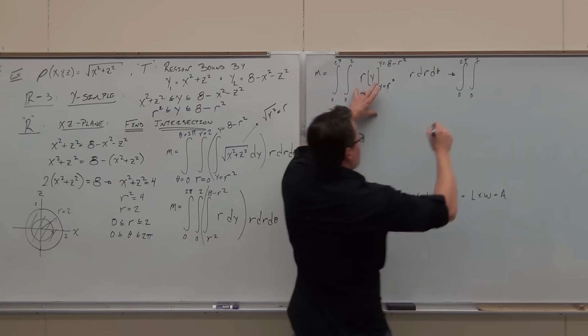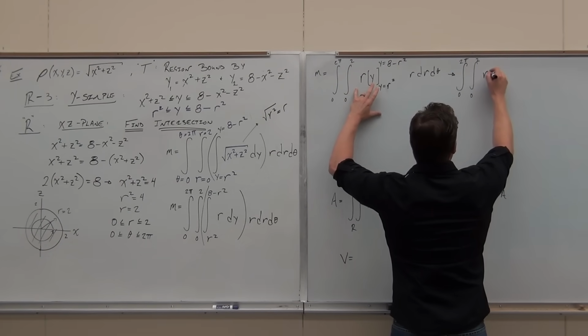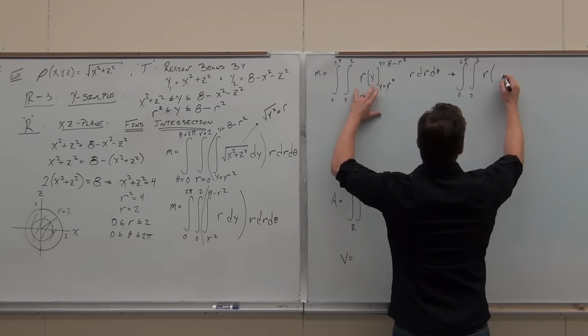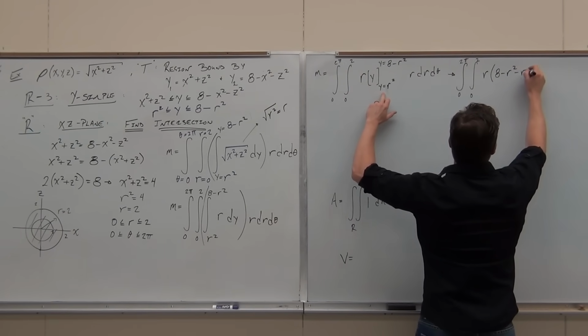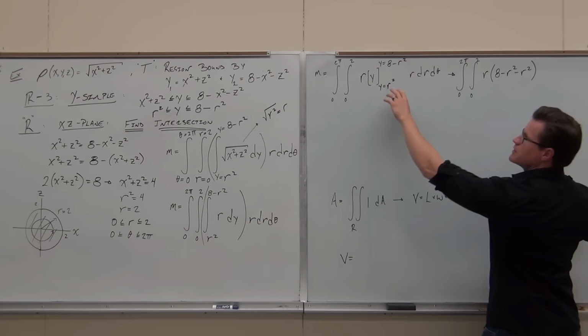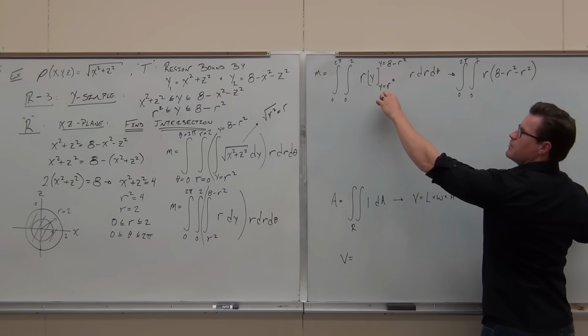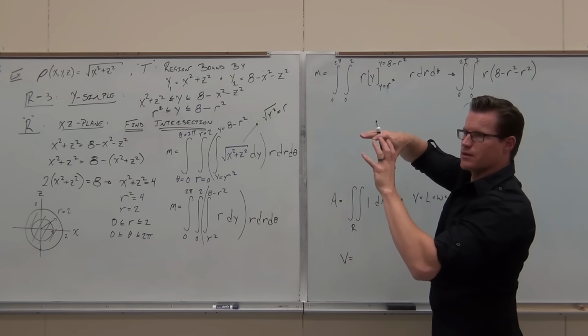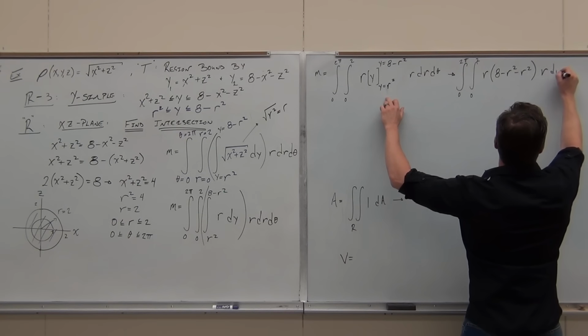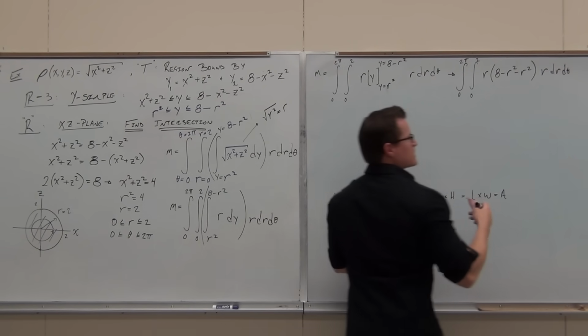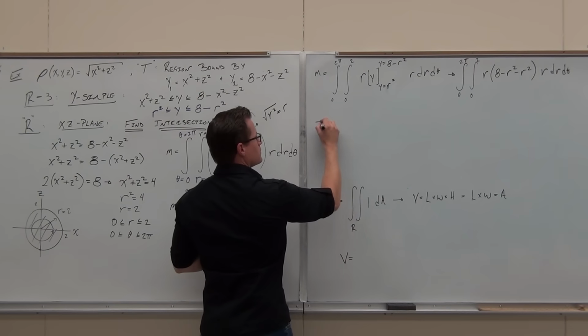So here we have our outside function minus the inside function. That's taking the subtraction of the volumes there. Maybe simplify a little bit before we continue.